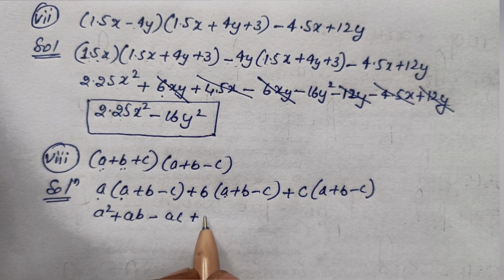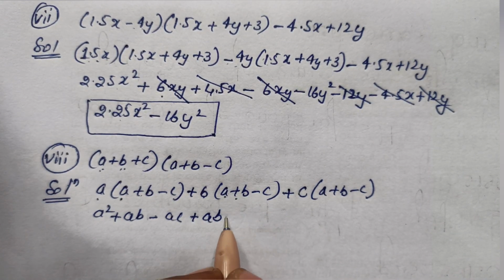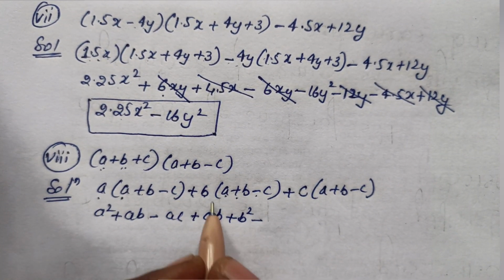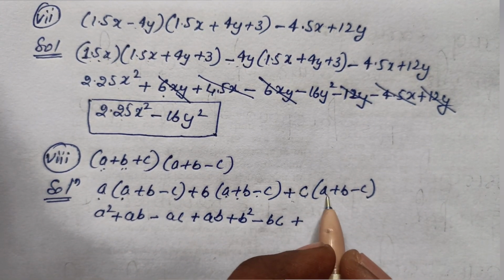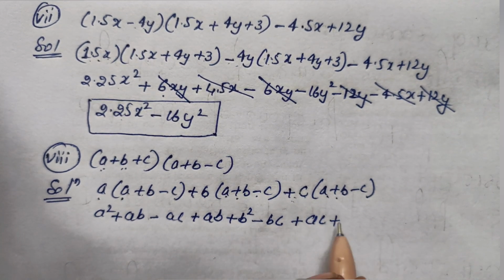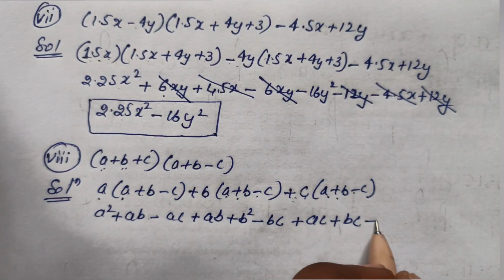Then c into a is ac, we can write, plus into plus is plus, c into b is bc, we can write, here minus into plus is minus, c into c is c square, we can write.